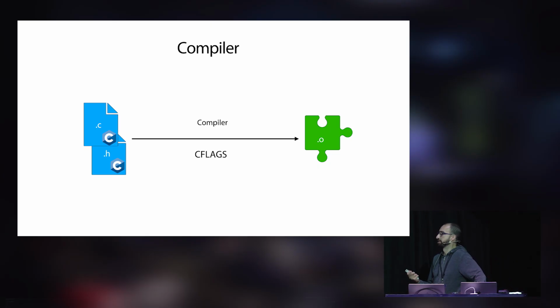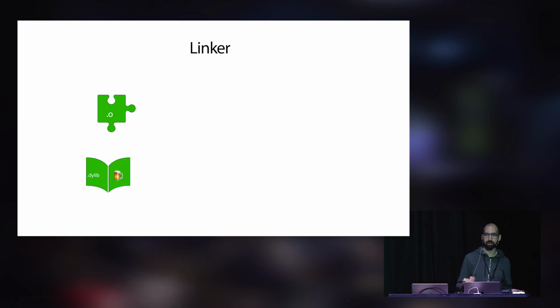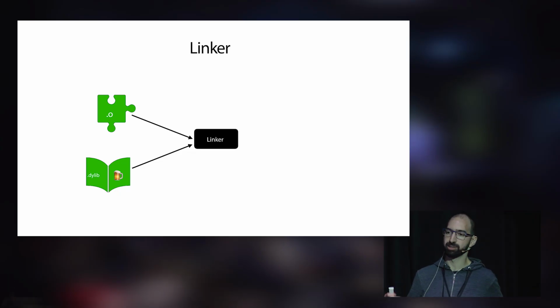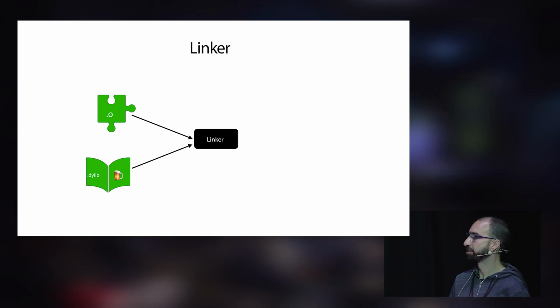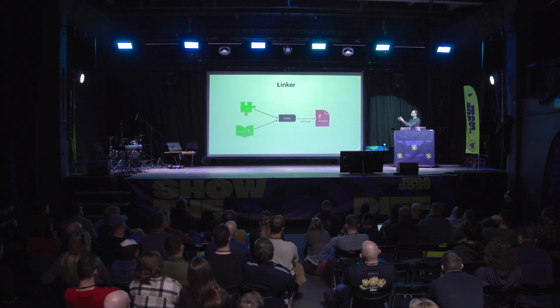And then what do we do with these? We take these object files, and we can also take any library that has been installed, like for example the exif library or the XML library, any C library that we want. Then we pass them through a piece of software called the linker. That's very important in this toolchain. The linker puts all the puzzle pieces together to form this last, very complete image, which is a bundle file.